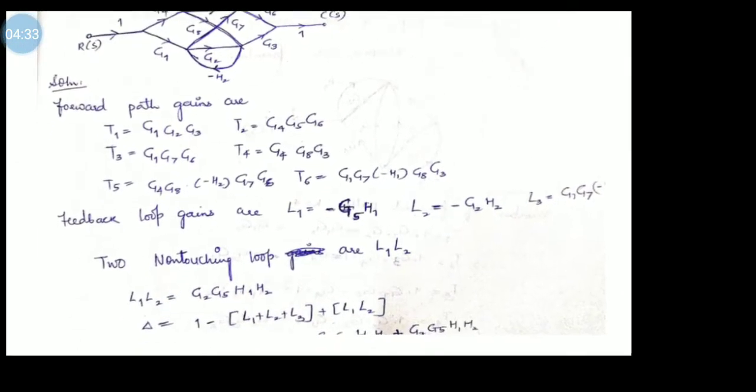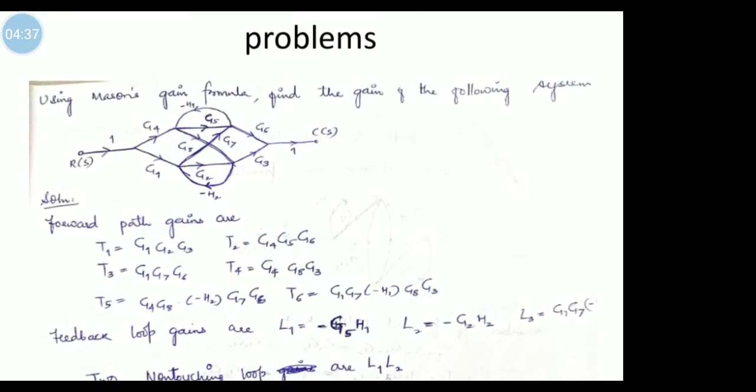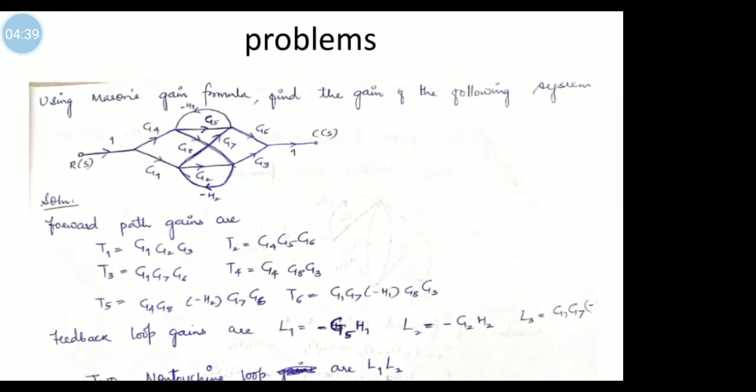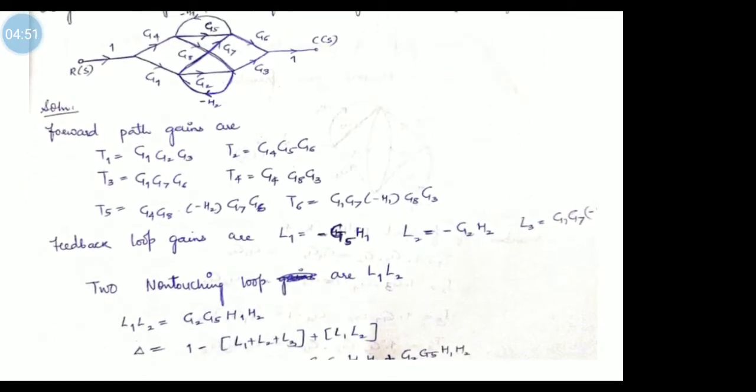So, in total there are 3 loops. The third is G1, G7, minus H1. Next, there are 2 non-touching loops, which are L1 and L2.